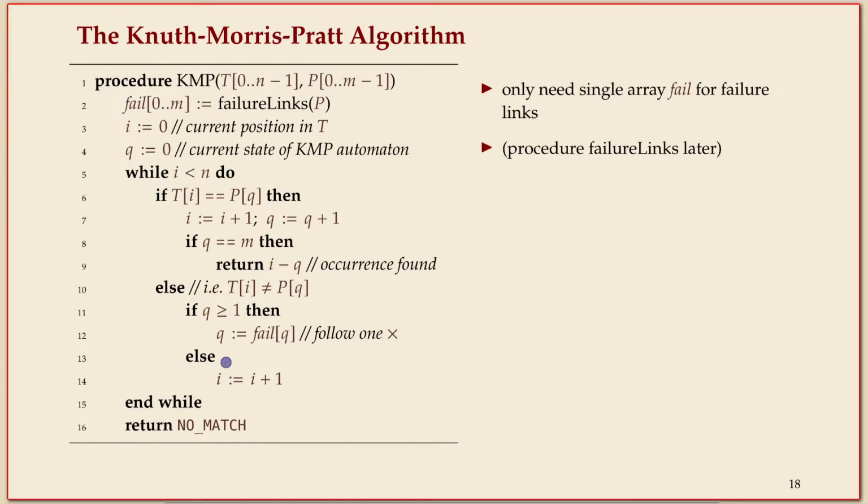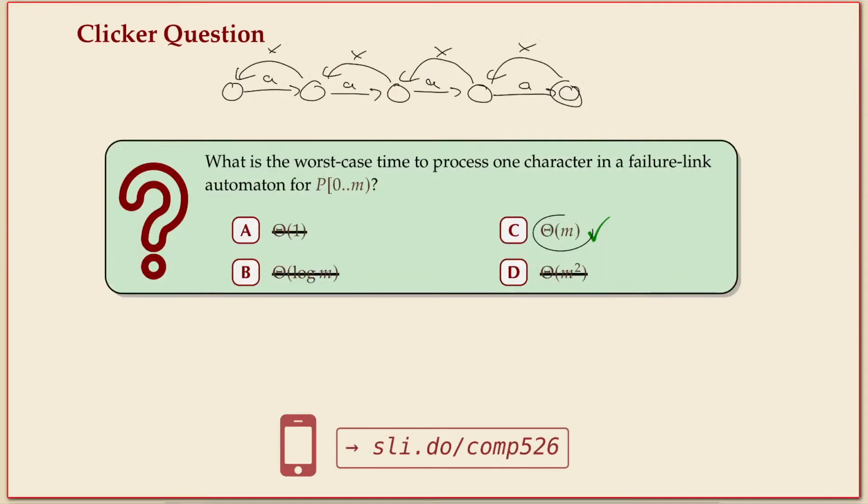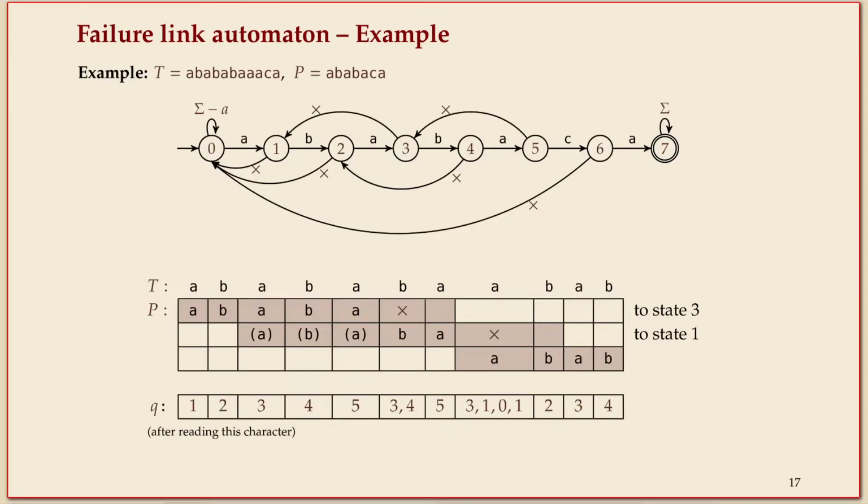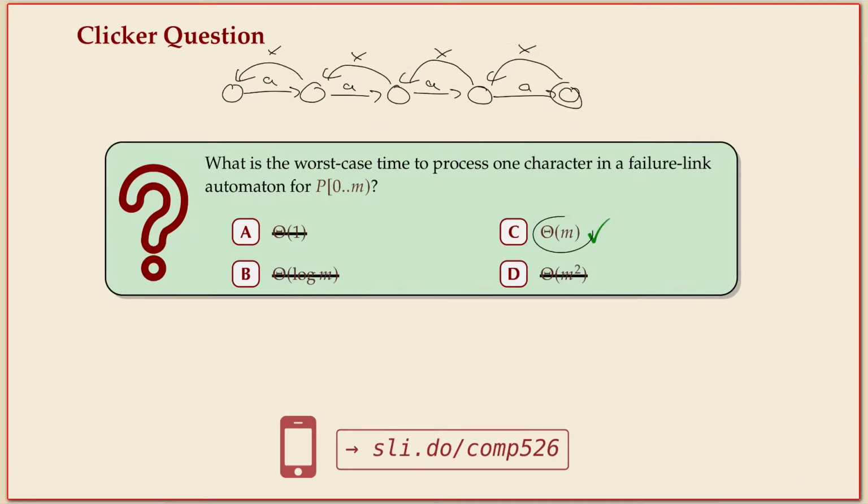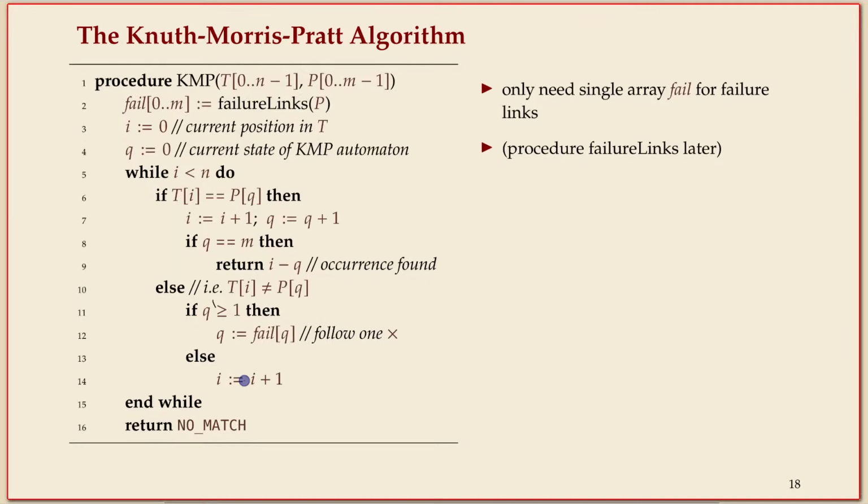If we're in state 0, then there is no legal failure link. So for state 0, we just always go to the next character in the text. In the pictures, I wrote this like this. So whenever you have a character that's not the match one, you just consume it at this point, because you have to eventually get rid of those that don't occur. So it's clear that there's a special case needed for this state 0.